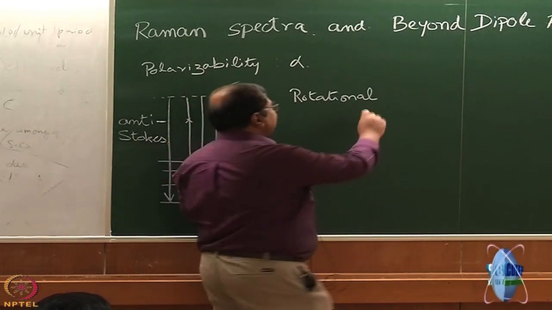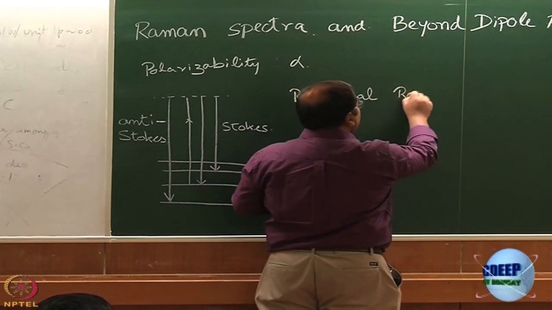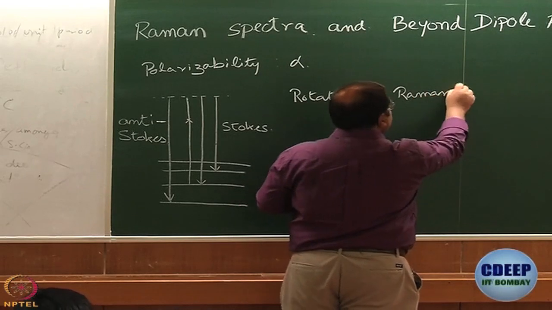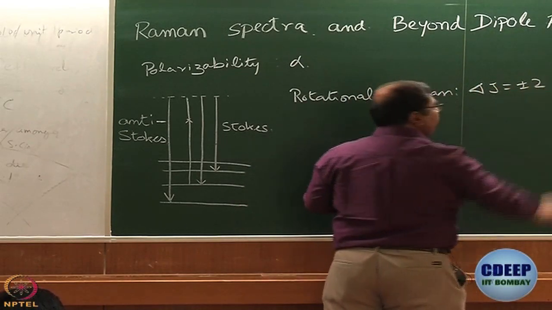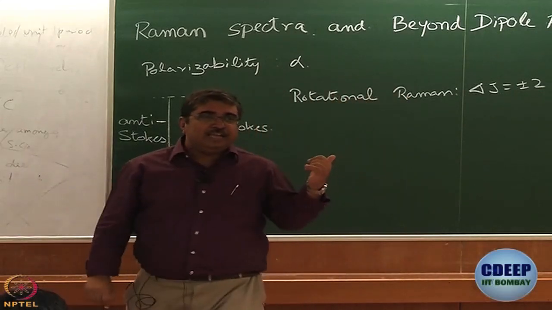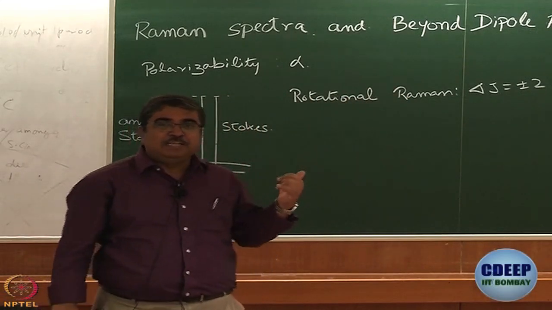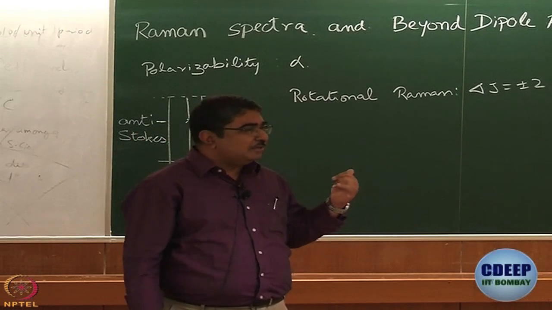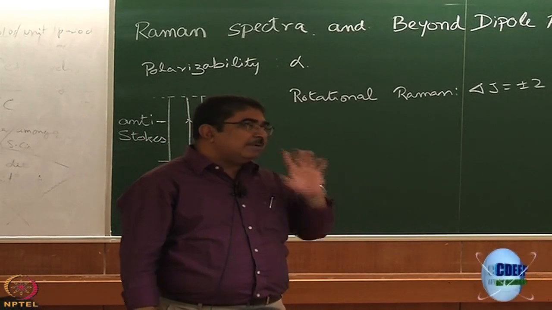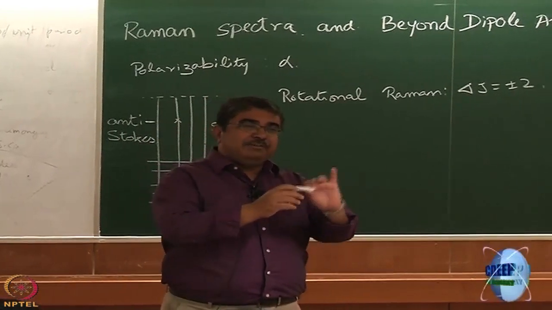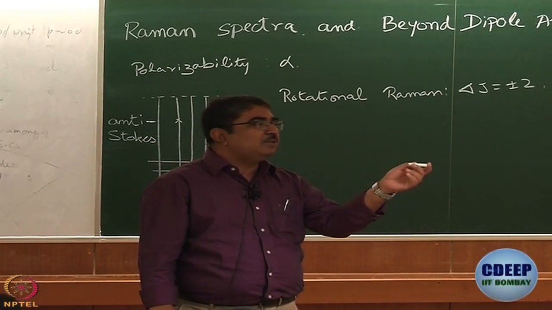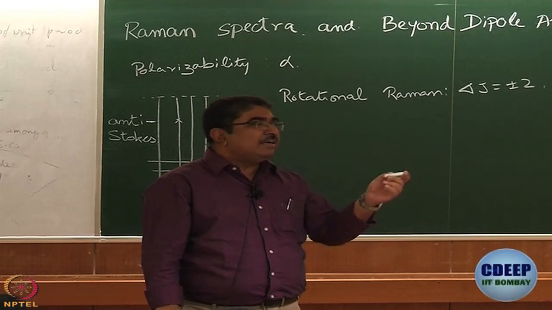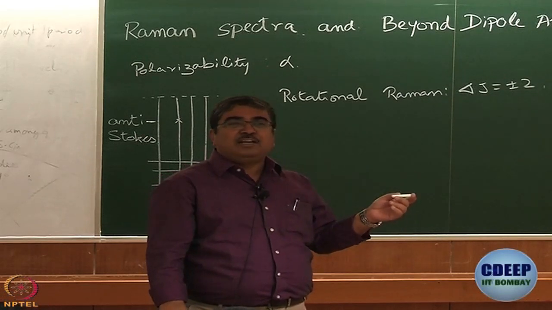Well, let me write the selection rule first. For rotational Raman, the selection rule is delta J equal to plus minus 2, which of course you can see right away is different from the selection rule that we had in microwave spectroscopy. Now, why is it plus minus 2? There is some hand waving argument that when the molecule rotates, it presents the same polarizability ellipsoid twice to the field, but personally I do not like that argument.